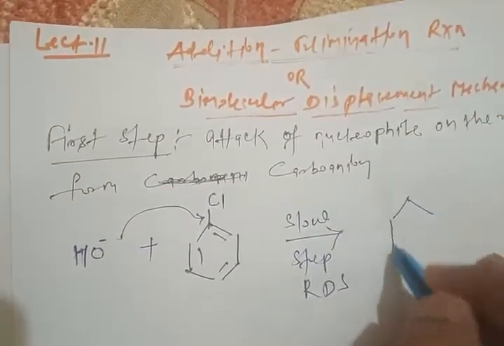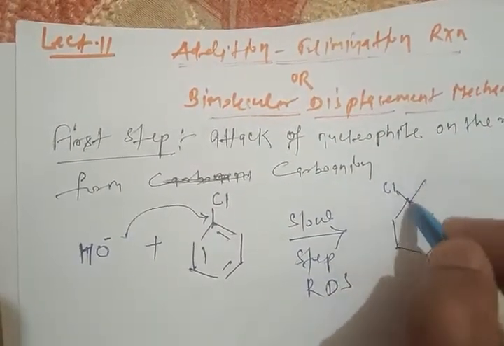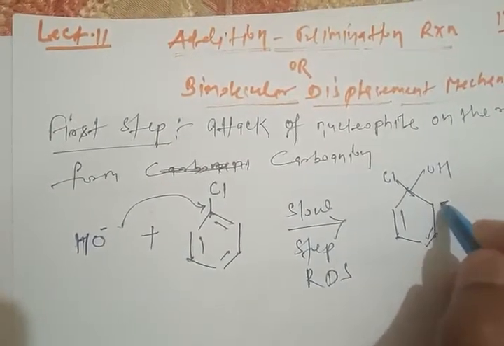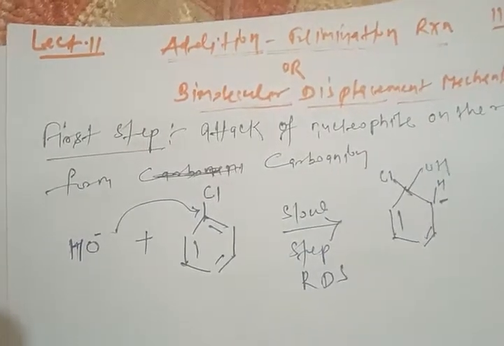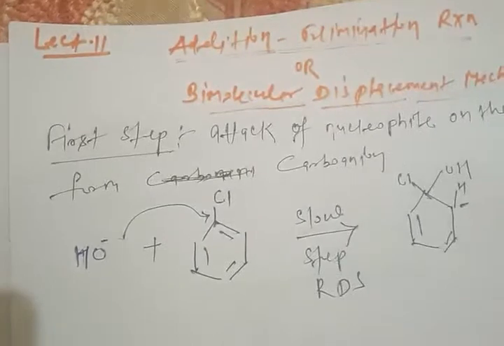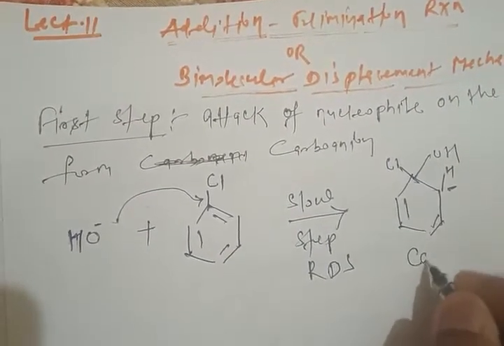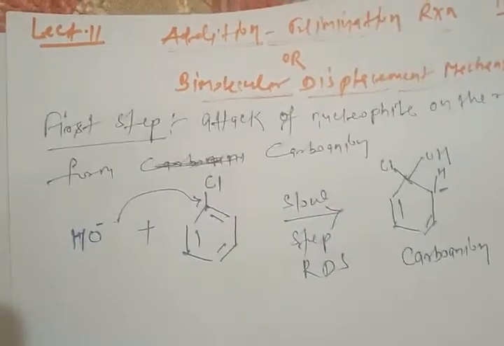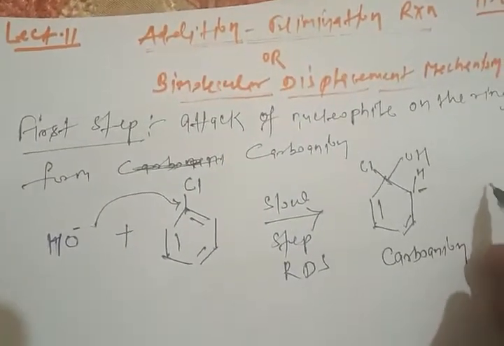So here we'll get Cl and OH, and a negative charge will be generated here, along with the hydrogen. So this is the addition. Here the carbanion is formed. So this is the addition reaction.